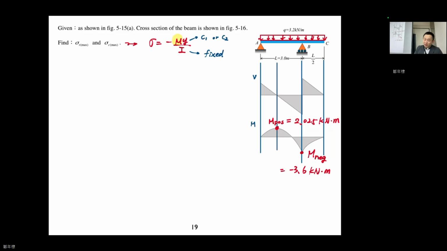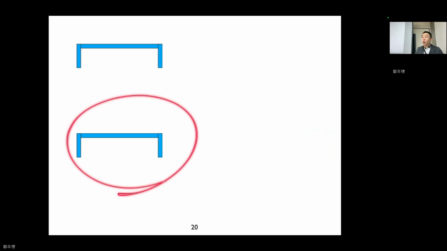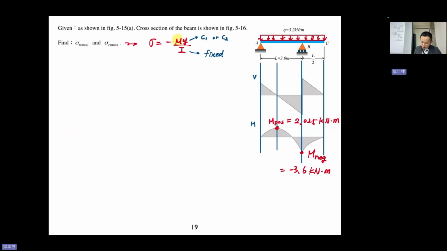Now I'm going to draw a really big figure in this region. We need to be careful because we know that our cross section looks like this. So I will give you a three-dimensional plot to try to give you an idea about this.